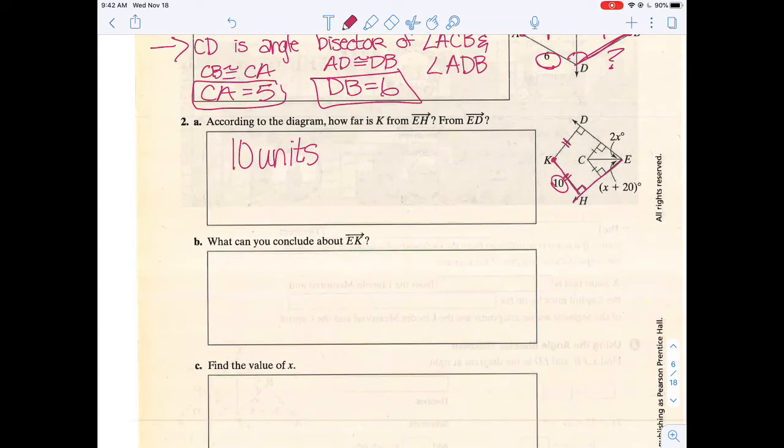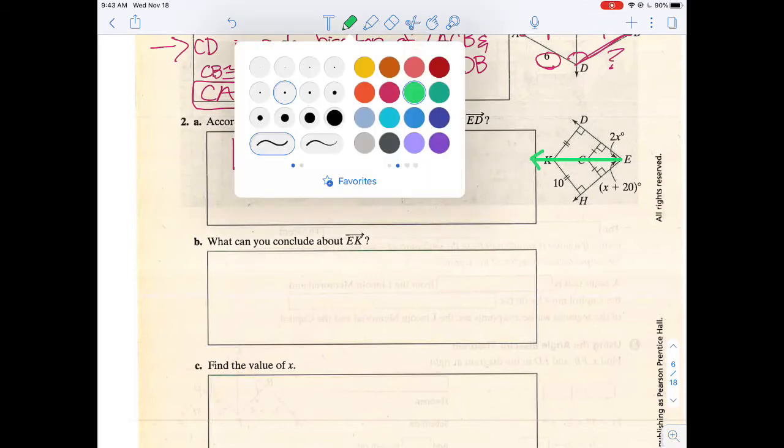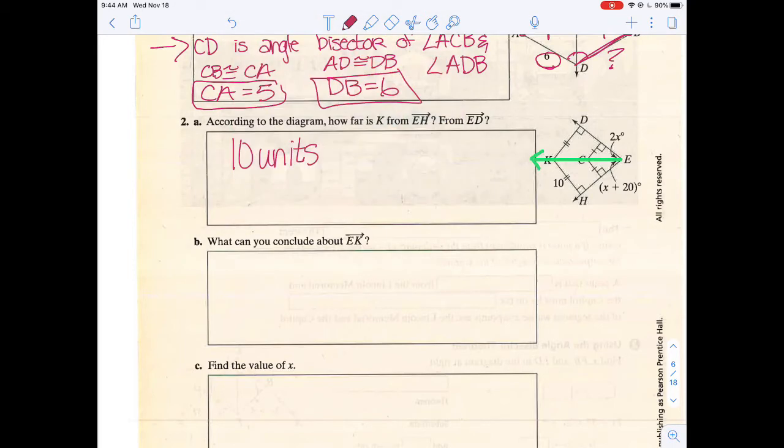What can you conclude about EK? That's this line here. We draw that in. So let's take a look at that. EK, well, it's equidistant from the sides of the angle, right? At all the spots.